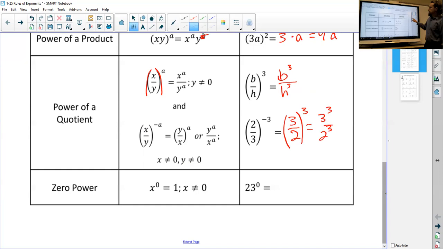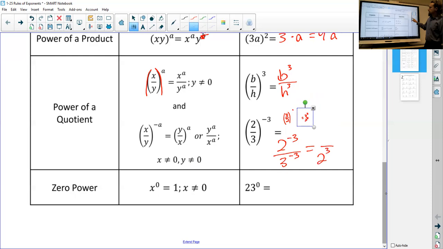The reason why we say this isn't as useful is that if you skipped over this, let's just say I work this out. So (2/3) to the negative third would be 2 to the negative third divided by 3 to the negative third. Using our negative exponent rule, 2 to the negative third was on the top, now it's on the bottom.